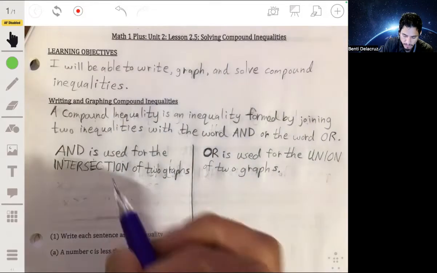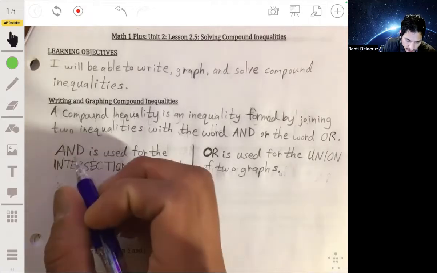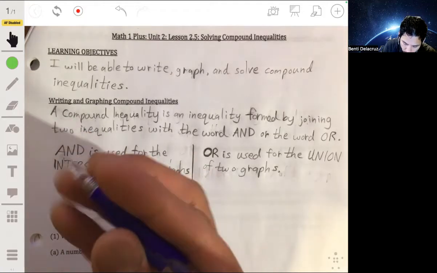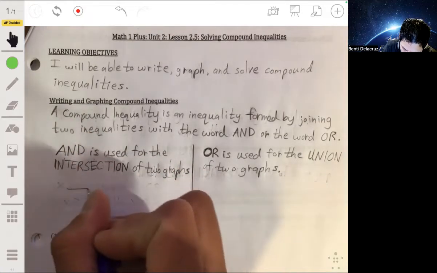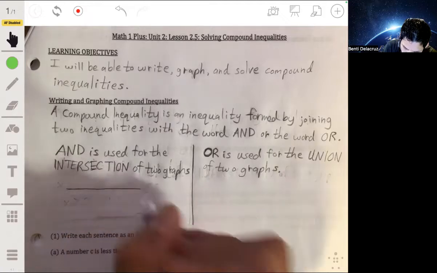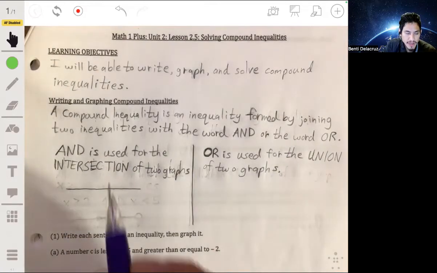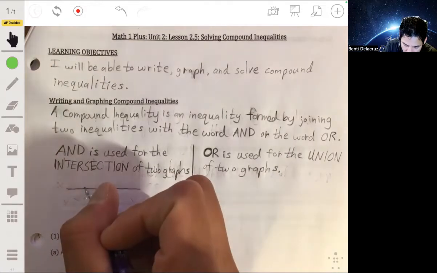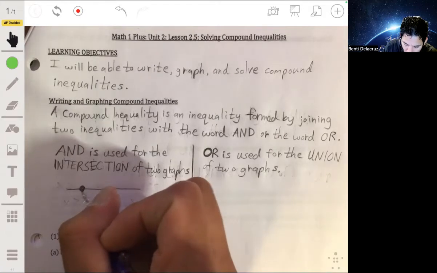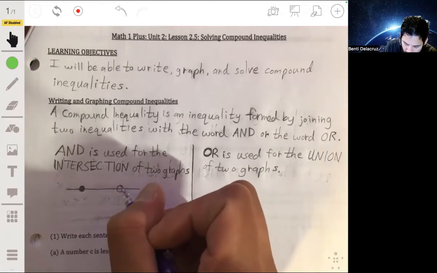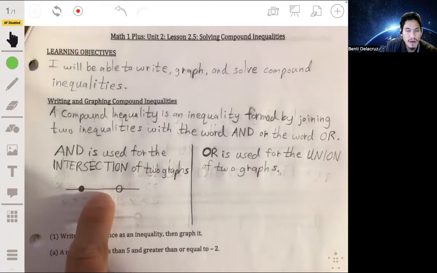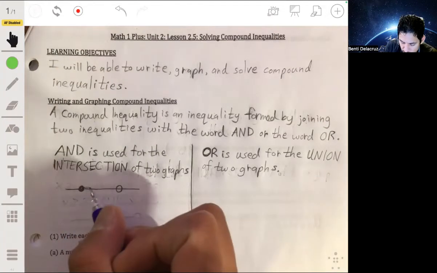So let's say we have a graph, and when we have the word and, it's basically going to be bounded. It's going to have a left bound and a right bound. It's going to be trapped. You're going to have an interval trapped between two endpoints.